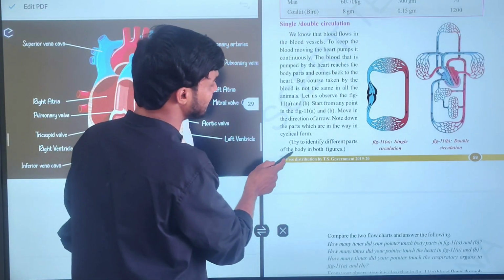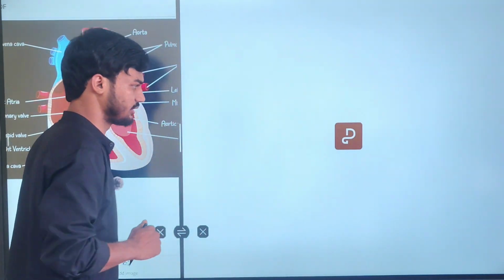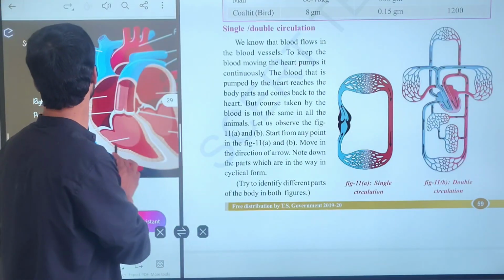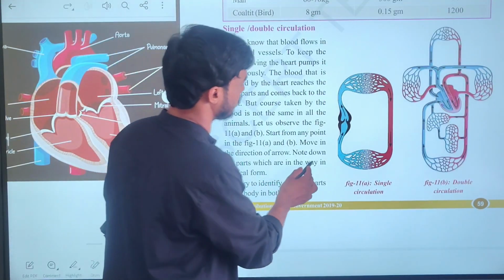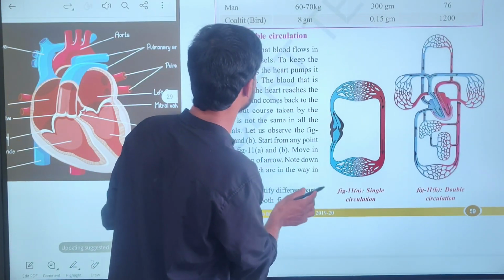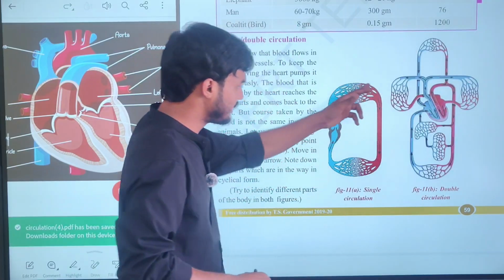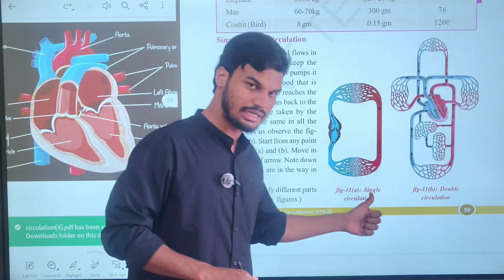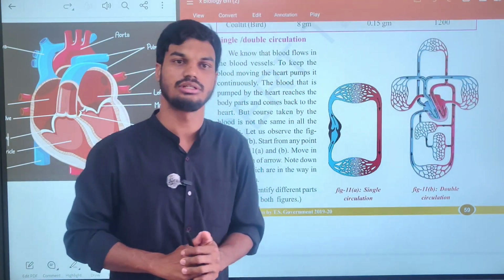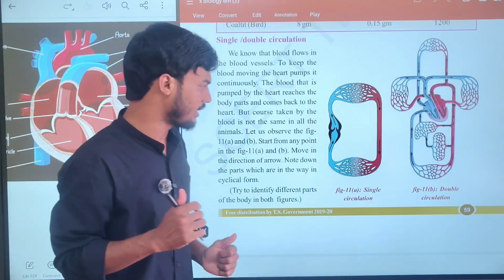Next, we are going to see single circulation and double circulation. So, what is single circulation and what is double circulation? Look at this image. This diagram shows single circulation and this diagram shows double circulation. Understand carefully.